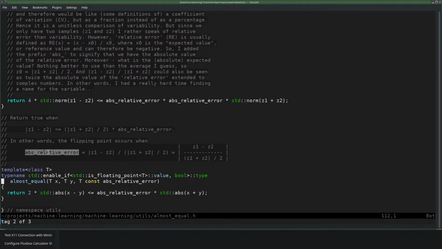That's the absolute relative error, which is then passed as the second argument.